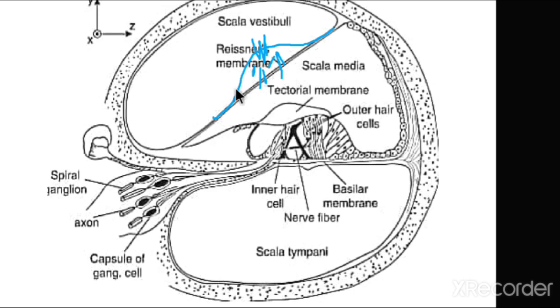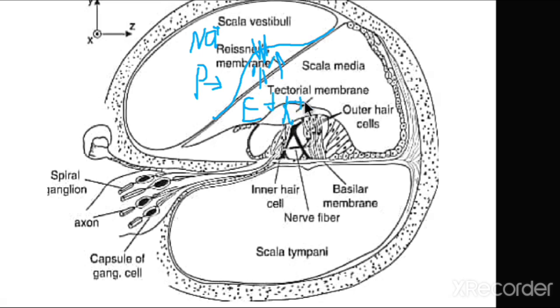This rupture leads to the mixture of perilymph and endolymph. Perilymph has a higher concentration of sodium ion, and endolymph has a higher concentration of potassium ion.